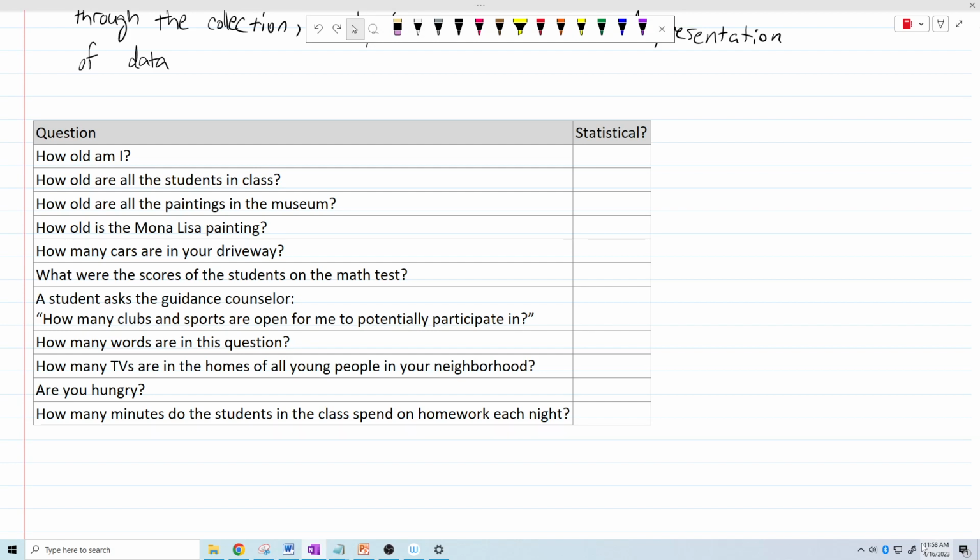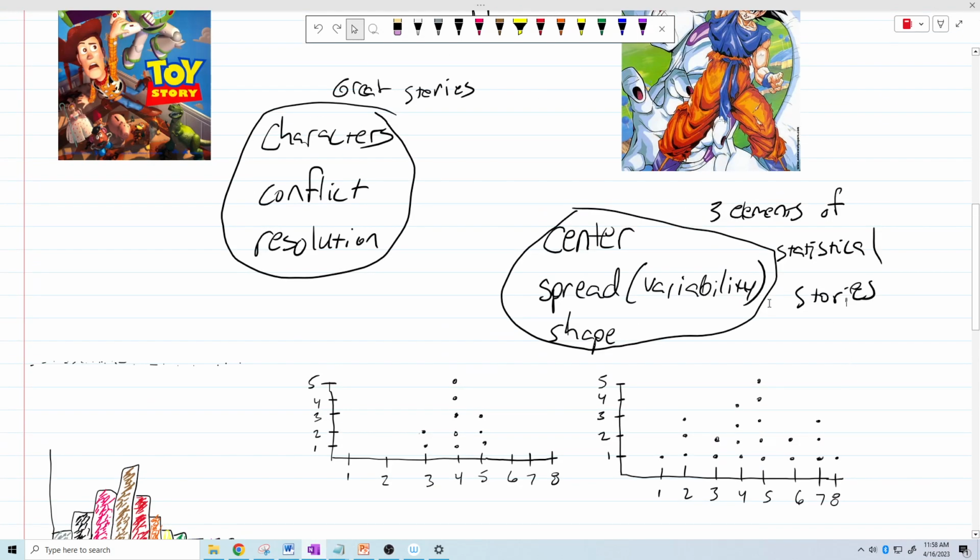Before I even run through some of these questions, the key realization and understanding of these statistical questions is that whatever the question may be, it has to speak to the three elements: center, spread, and shape.